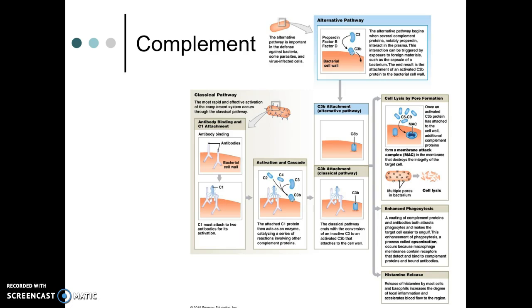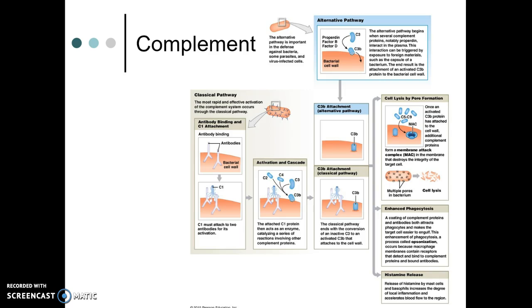When the cascade ends, you don't have to know all of these different parts, but what I want you to know is that it ends with complement protein C3 being converted into C3b. And that's going to continue this cycle and cause the other complement proteins to produce a MAC, a membrane attack complex.